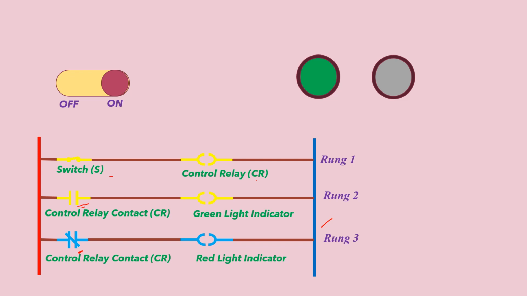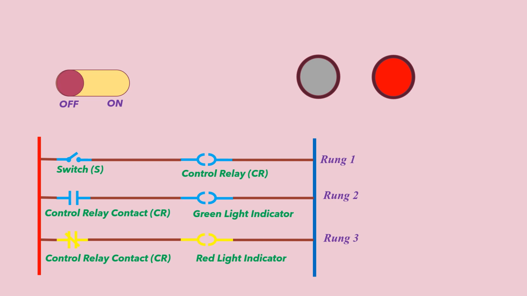Since this is a normally open contact, it will close and this coil will get activated, which indicates the green light. When this gets energized, since this is a normally closed contact, it will open and the current will not pass through it, so the red light will be off. Again, when it is in the off position, current will pass through rung 3 and this light will get activated.